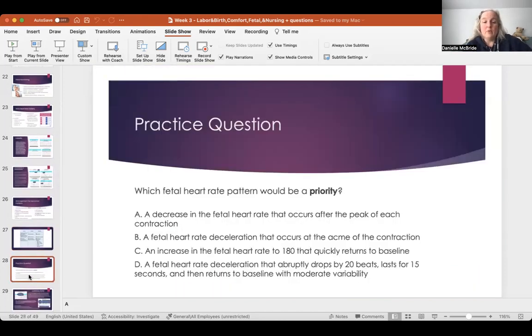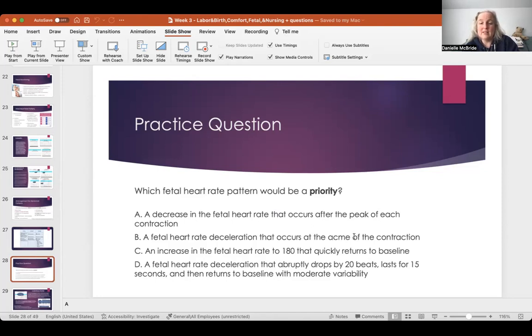So which fetal heart rate pattern would be a priority? This one decreases after the peak of each contraction. So that's defining a late deceleration. This one, it says it occurs at the acme. The acme is the top of the contraction. If the fetal heart rate deceleration occurs at the acme, that is not concerning. Because this first one is happening after, so after is late.